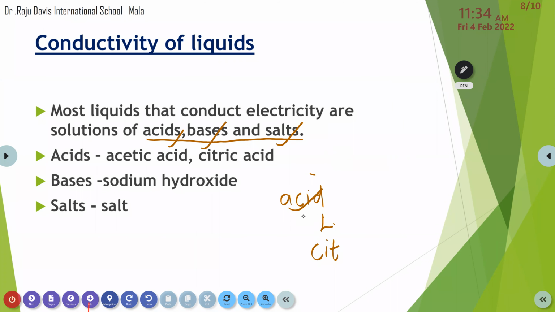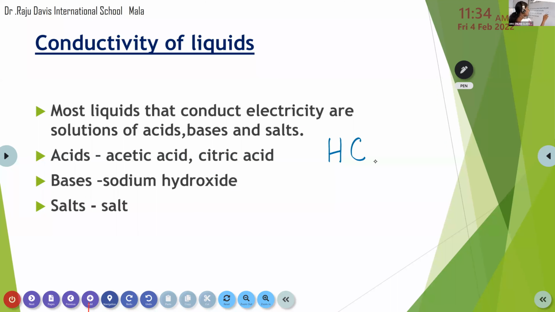So when we take any acid, a common acid is HCl. You know HCl. What is HCl? Hydrochloric acid. Actually, what happens is when we pass electricity, the HCl breaks, so different types of charges are there. Which are the different types of charges? Positive charge and negative charge.